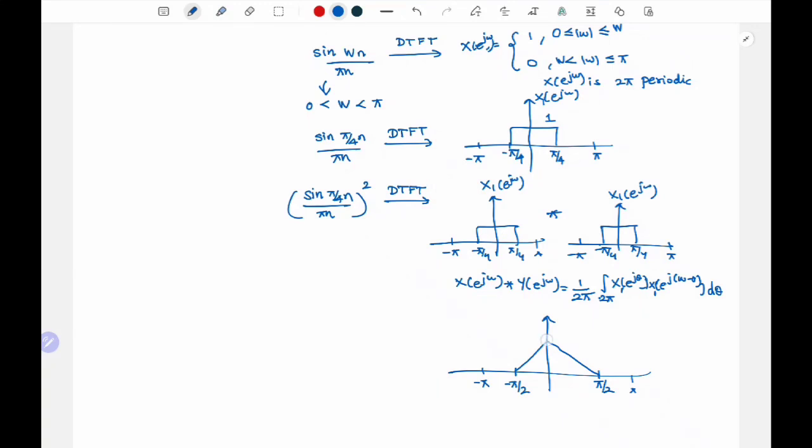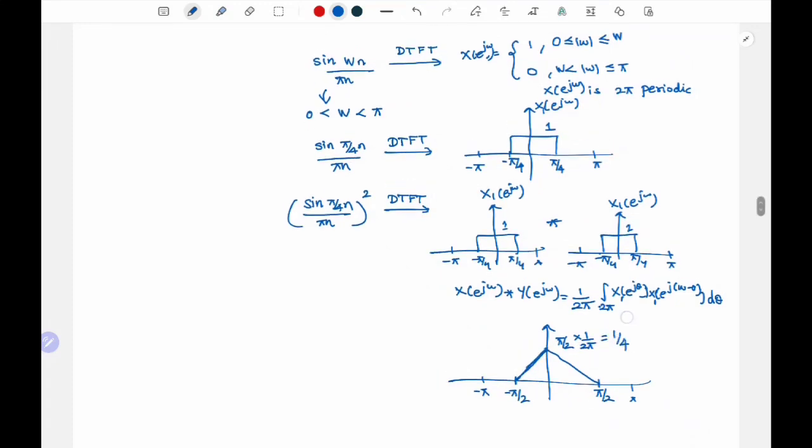So what is the maximum value you will be getting? So 1 into 1. So when you overlap, your height will be 1 and your width is nothing but pi by 2. So you will get pi by 2 here. But also you need to consider the 1 by 2 pi factor. So into 1 over 2 pi, which will give me 1 by 4. That is my max height. Okay.